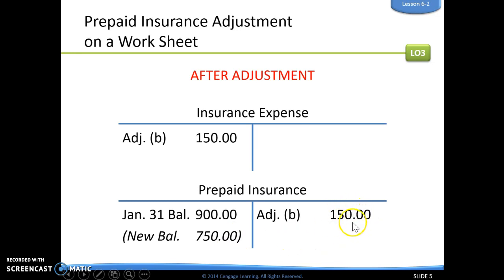That gives us this adjustment amount of $150. To credit that account at $150 would then bring our prepaid insurance down to $750, what it should be. If we credit prepaid insurance, we have to have a debit. So we're going to debit our expense account for $150, showing that we've used $150 worth of insurance. That's an expense of doing business.